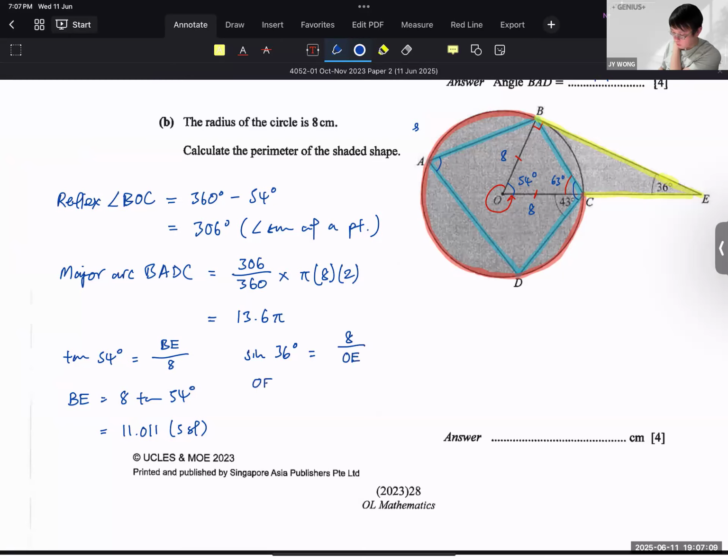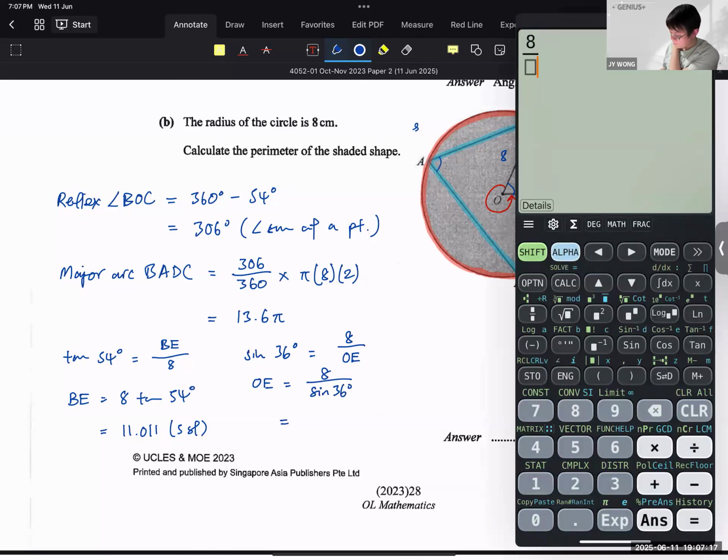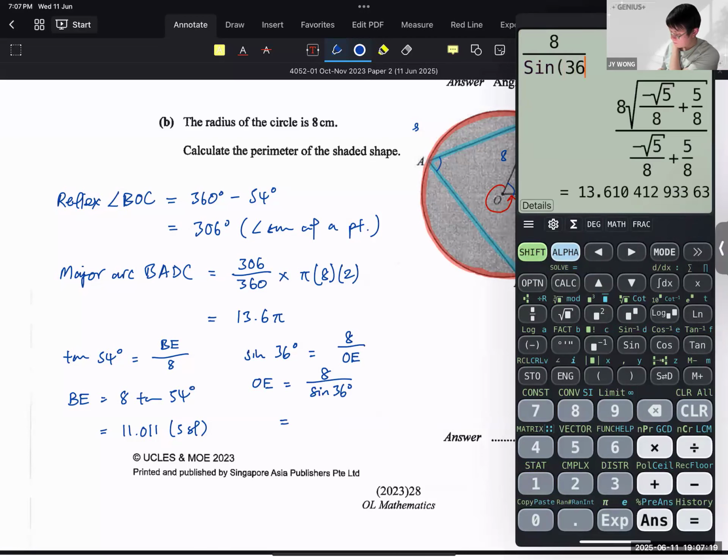And therefore, OE is equal to 8 over sine 36 degrees, which will give me 13.610 in 5 SF.